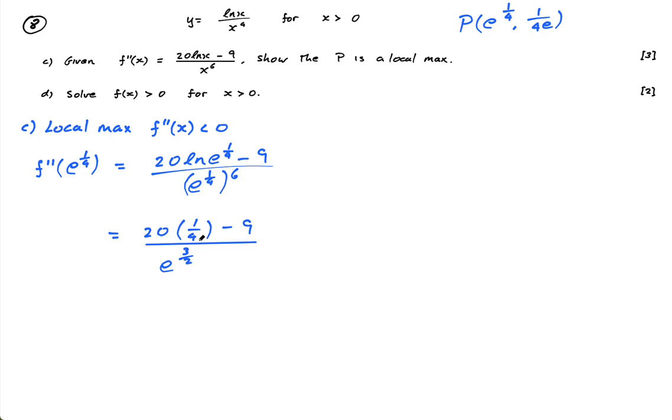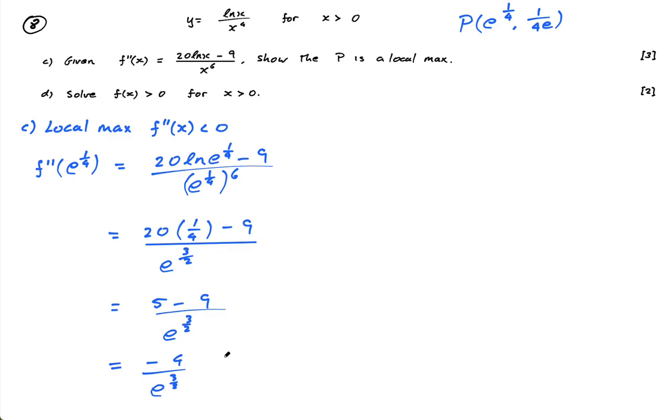It doesn't really matter, because this is going to be 5 minus 9 over e to the power of 3 over 2. 5 minus 9 is negative, equals negative 4 over e to the power of 3 over 2.